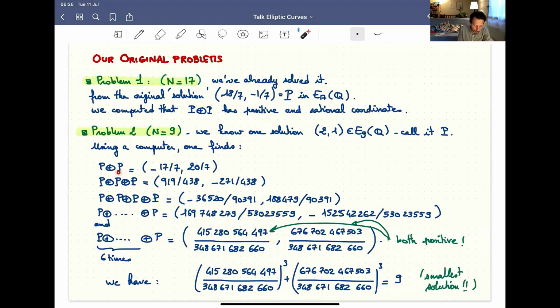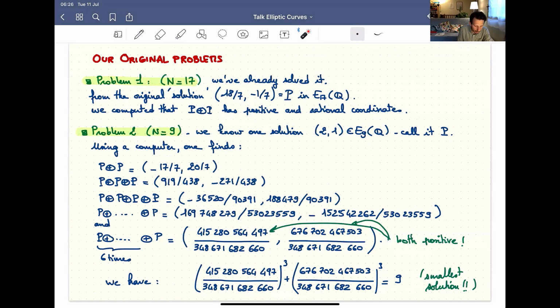So we compute first P plus with a circle P, and we find that this has coordinates minus 17 over 7, 20 over 7. Okay, which is a new solution to the problem, but the first coordinate is not positive, which is not what we're looking for.